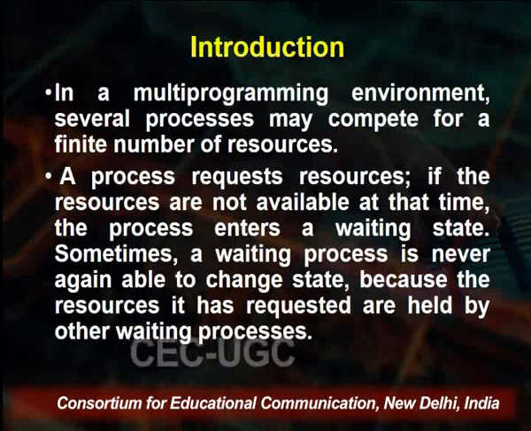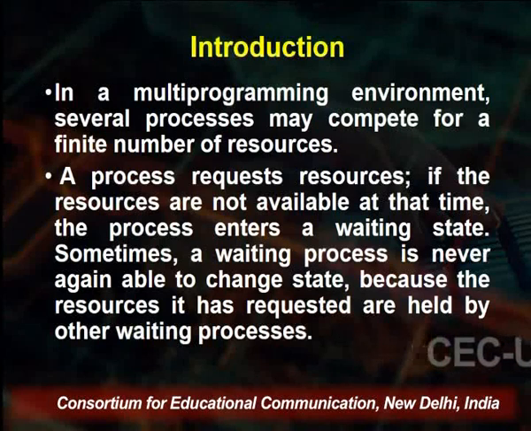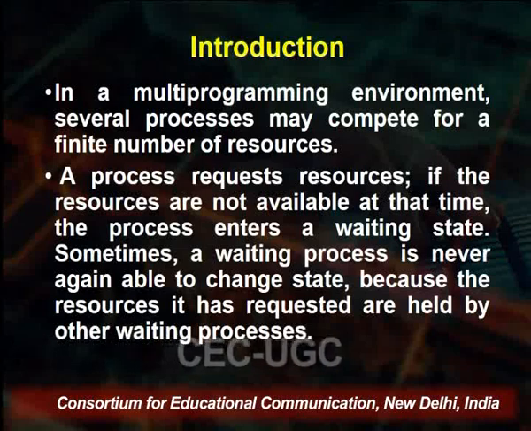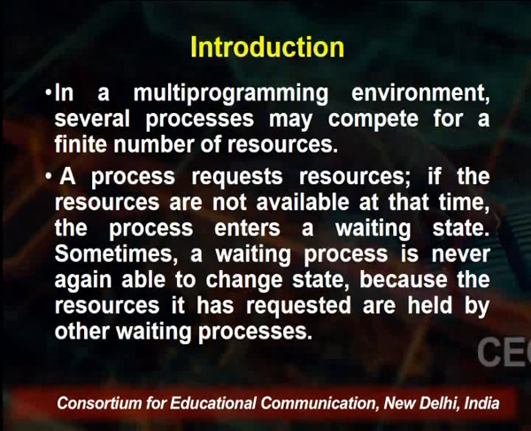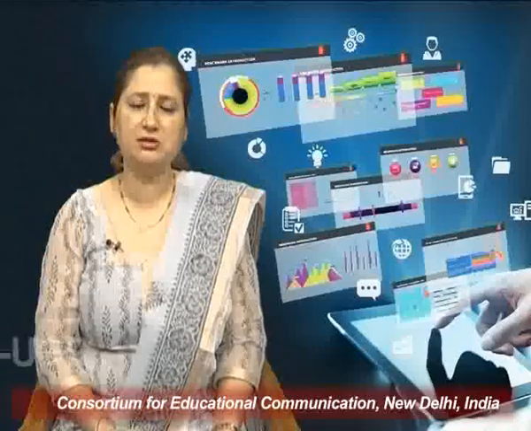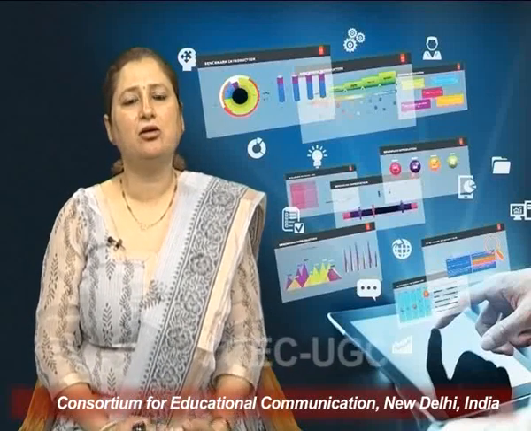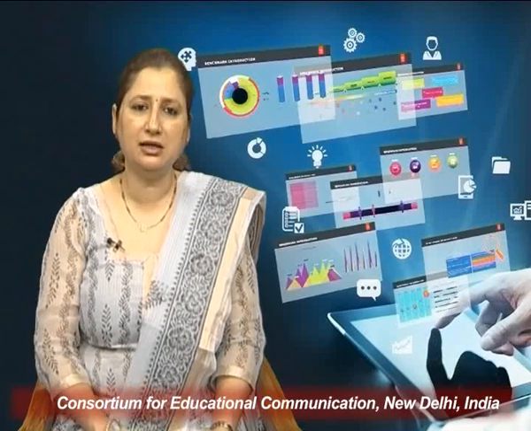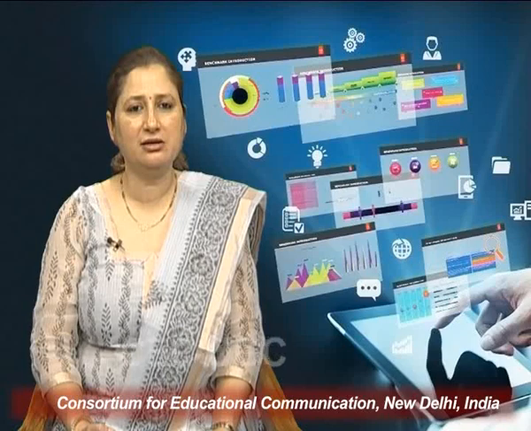So it has to enter a waiting state, and sometimes this waiting state is prolonged, and therefore the requested resources are not available to the process. This is the situation where a process is waiting for a resource which is held by another process, and that process is also waiting for another resource, right?